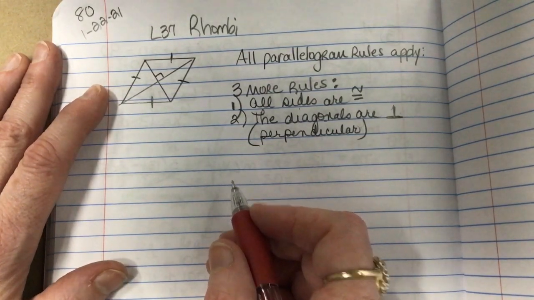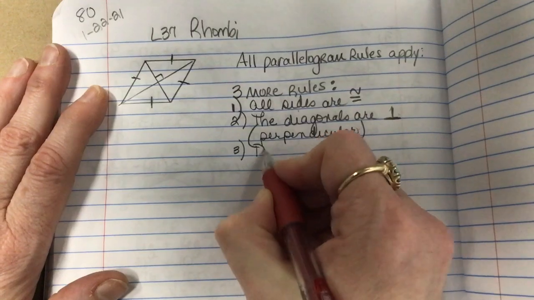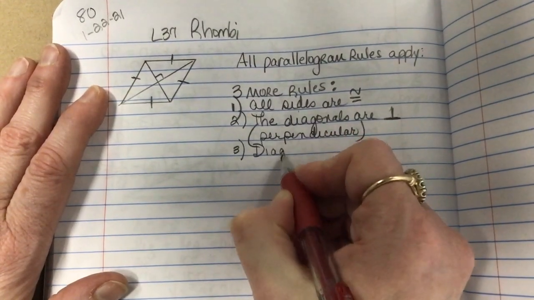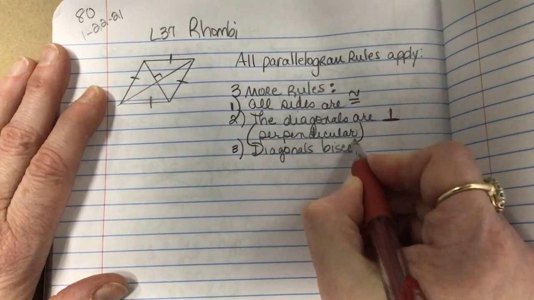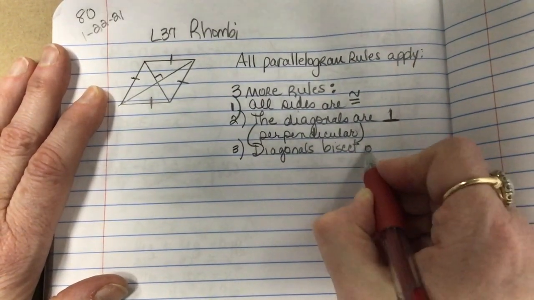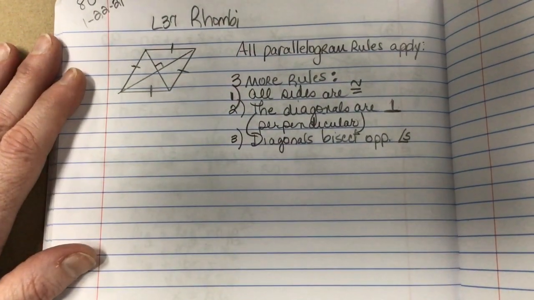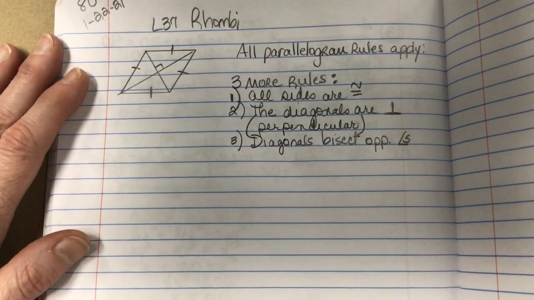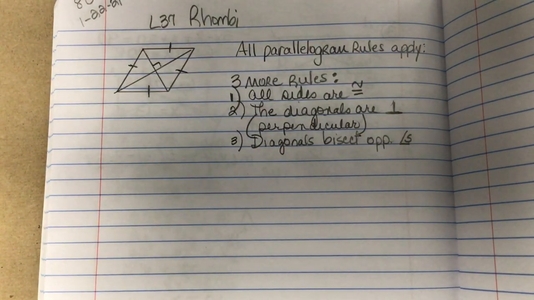And then the other one, and this is the one that most people forget, is diagonals bisect opposite angles. There's another word. Don't make me look this one up. Okay, let's back up to parallelograms just a little bit.